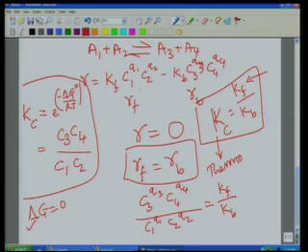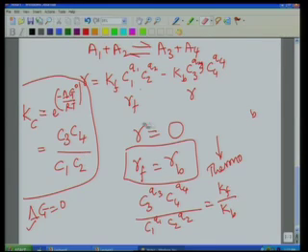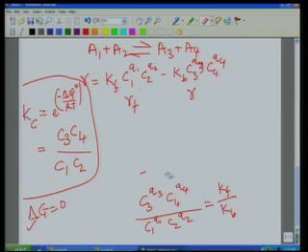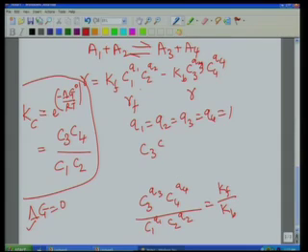For example, the simplest case we can choose is the following. Let me remove all these things. We can choose all Q1, Q2, Q3, Q4 as unity, and then this will become C3 C4 divided by C1 C2, which is Kf by Kb, which is the constant Kc.